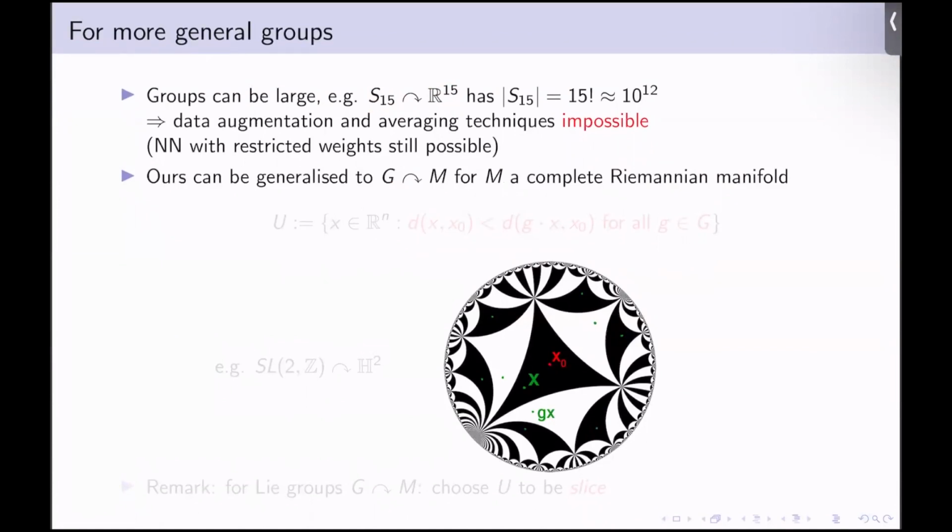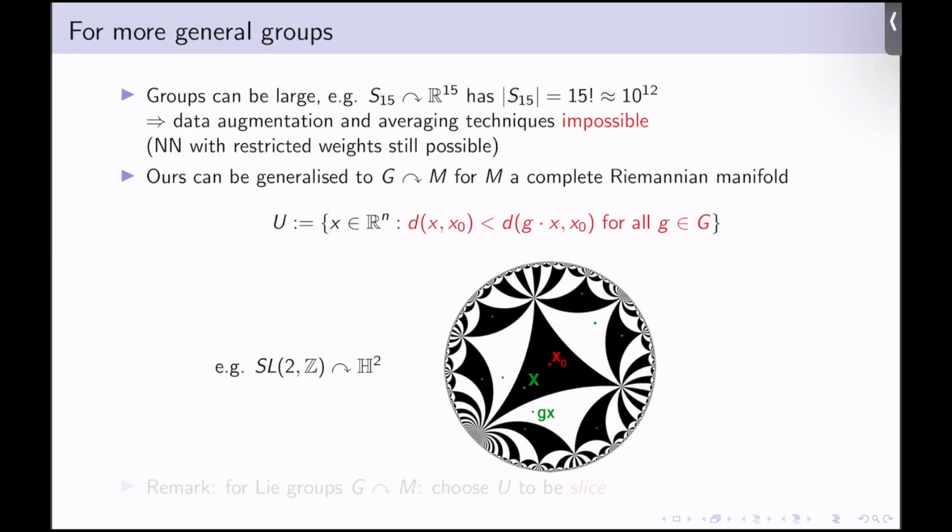A reasonable thing to generalize to is a complete Riemannian manifold. You can generalize this further if you want, but let's not worry about this. If you have a Riemannian manifold, you don't have a dot product between points that are far away from each other. But what you do have is a distance function, so you can still measure distances between points.